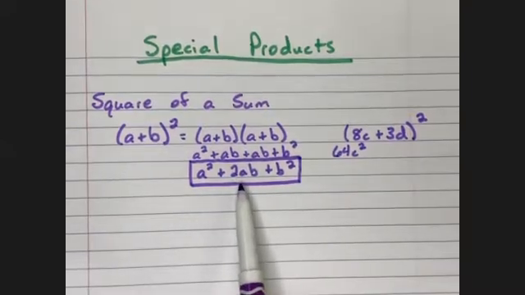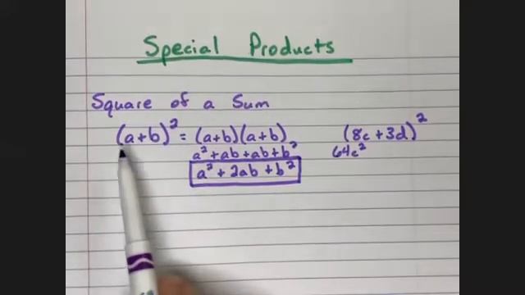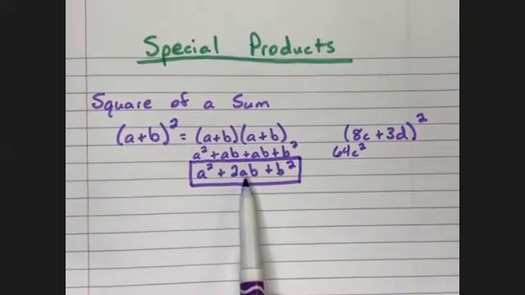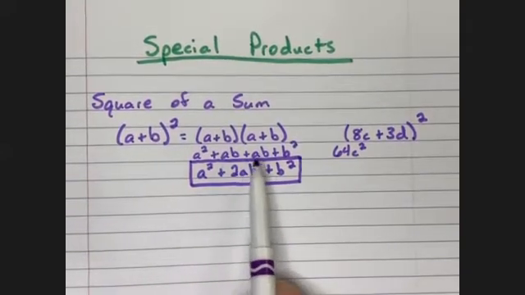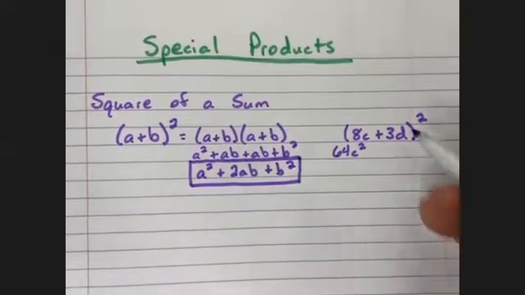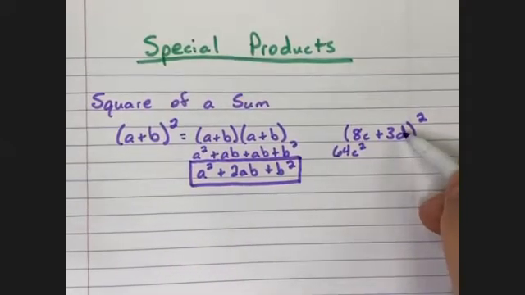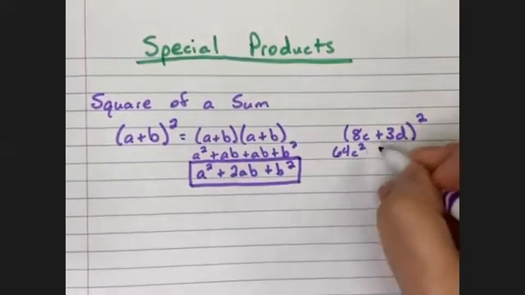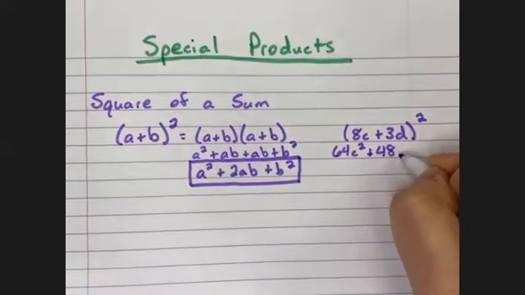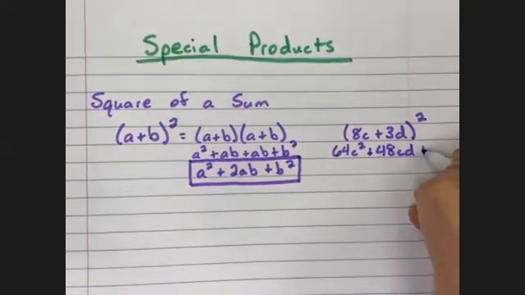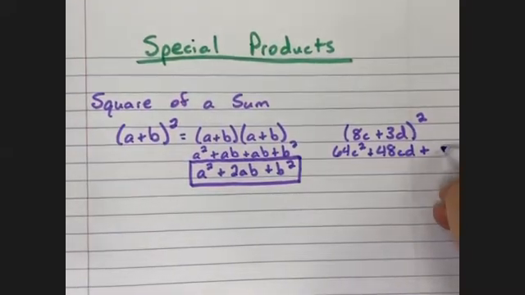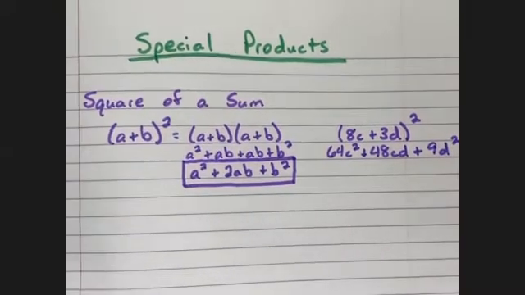The middle term is going to be 2 times the a value times the b value, and it's always times 2 because of how this works out. So I'm going to go 8c times 3d. The numbers I multiply, that's 24cd, and then times 2 is going to be 48cd, plus, and then the second term squared. So 3d times 3d is going to be 9d squared.